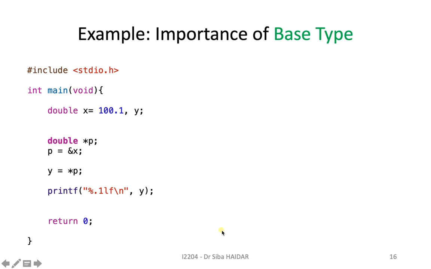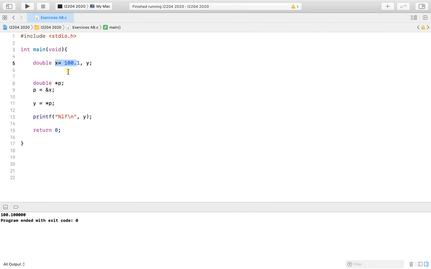Let's pass now to examples, and let's consider this one, whose purpose is to demonstrate the importance of the base type for pointers. Here in this example, we have a main function declaring 3 variables, x, y, and p. Let us see it in the environment. This is a variable, double x equals 100.1, and double y, and another declaration of another variable, which is the pointer p.